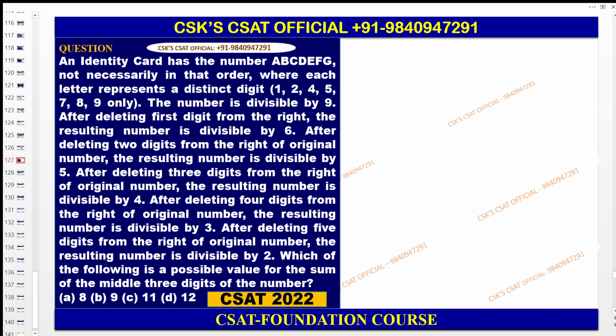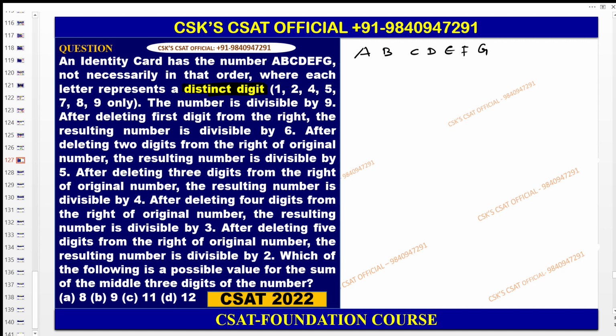Now the identical order as the number A, B, C, D, E, F, G. Not necessarily in that order, but you can keep this order also, not an issue. Where each letter represents a distinct digit. That is also very important. Distinct.